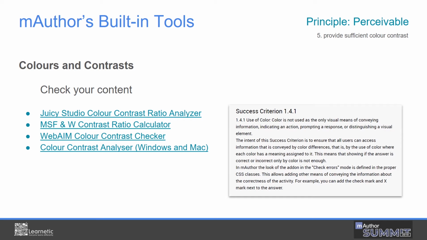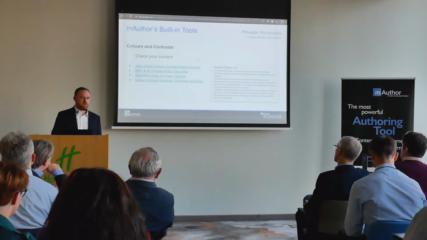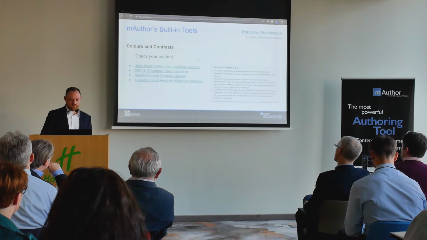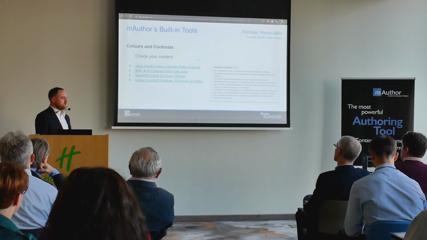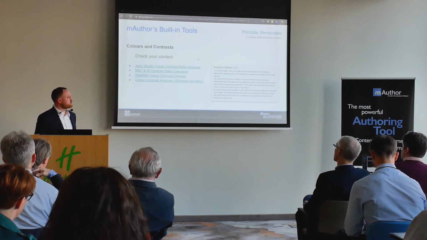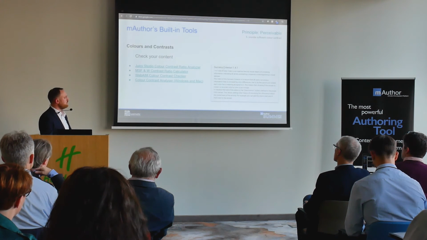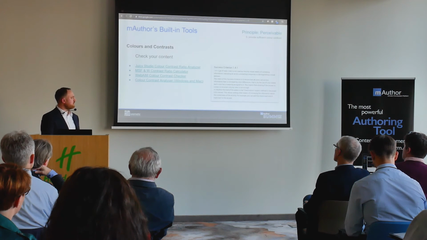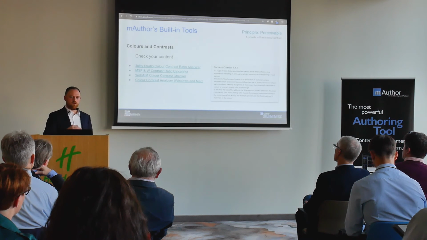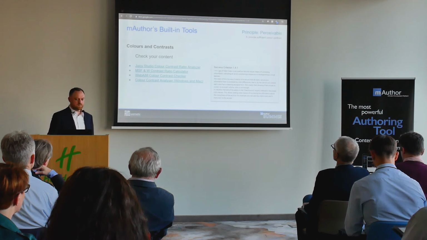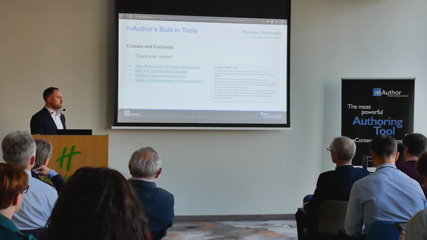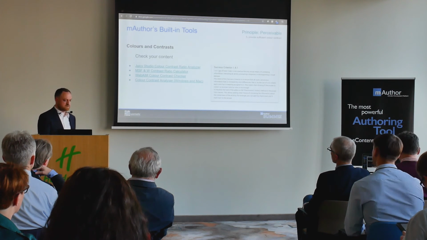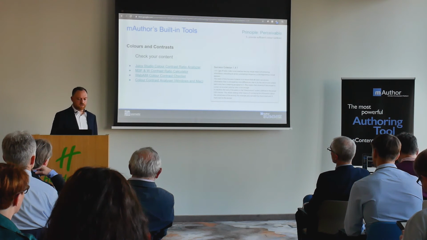Colors and contrasts. This is something that couldn't be done automatically, or maybe it could, but it would be a very, very big development, because we have to check the colors manually. We actually have to measure the color value of a given text, measure the color value of the background, and have some tool to say if this meets the WCAG specification.